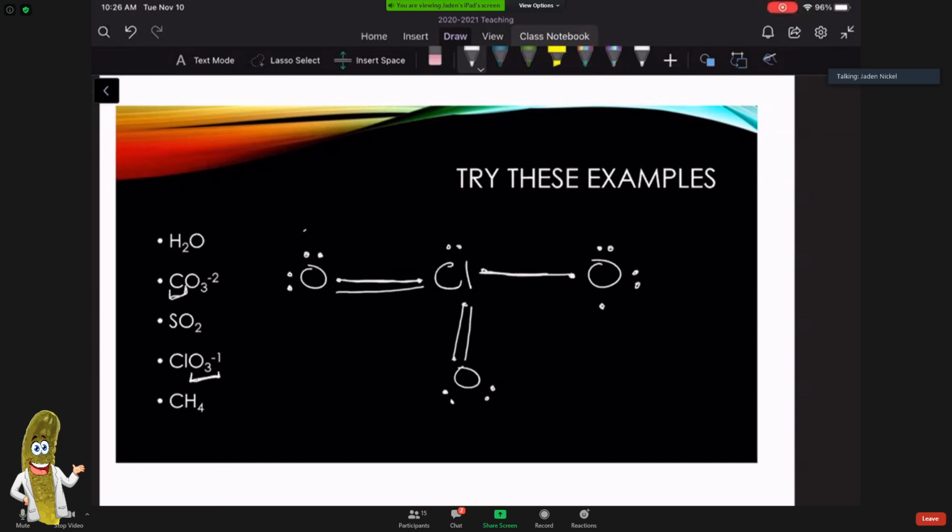This single bond here like this. And now the thing that I have left here is I also have the knowledge that this thing has a -1 charge. And so I've sort of been saving this for last, but I have one additional electron that I can add anywhere that I want.